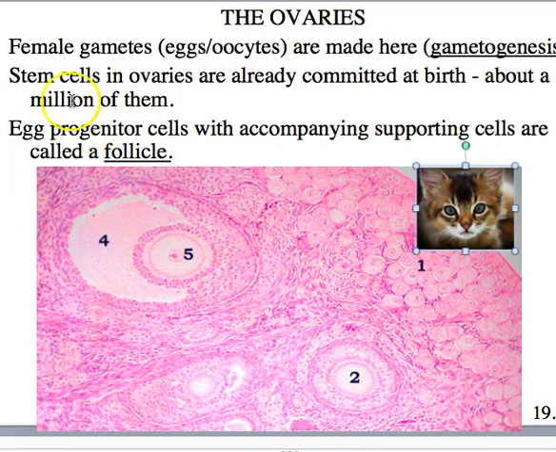Female gametes, which are called eggs or oocytes, are made in the ovary through gametogenesis, or oogenesis. These stem cells are basically very close to being eggs when you're born.